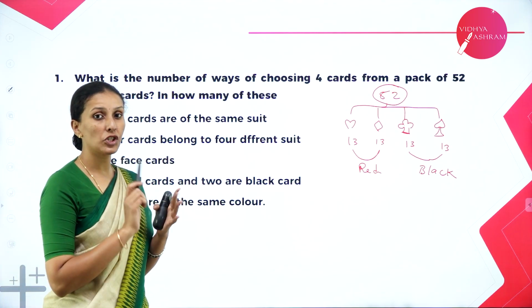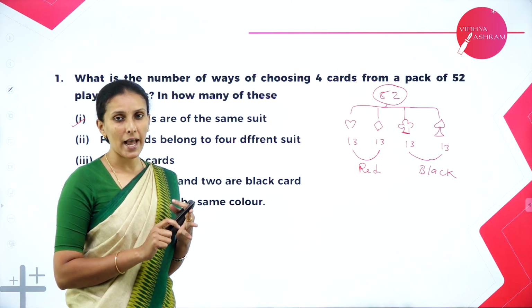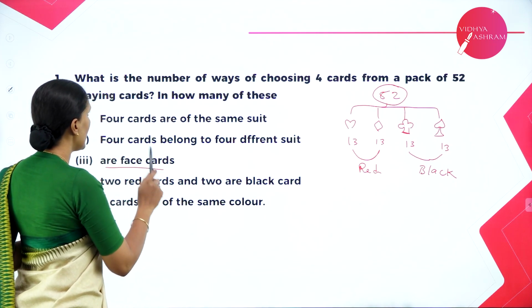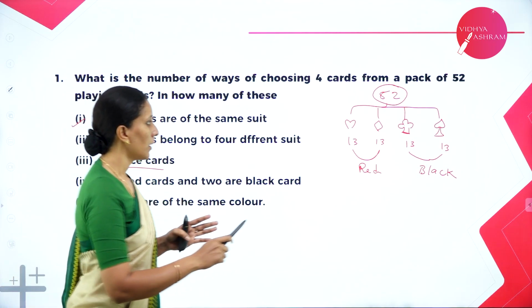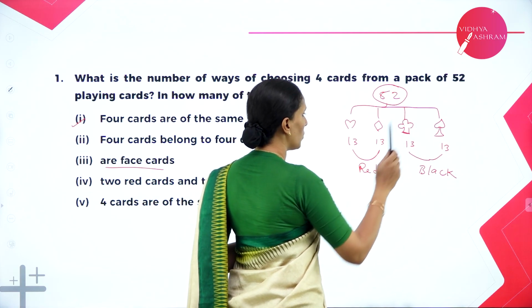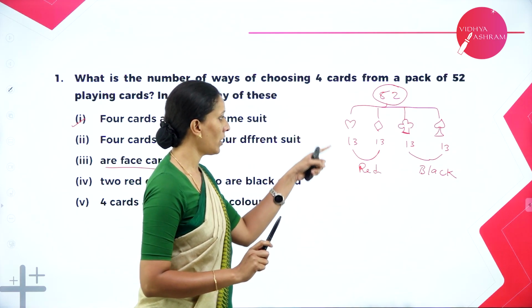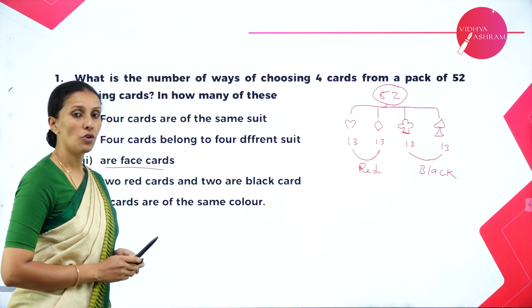The next case is we need to find out the face cards. That means the cards which contain faces. So we know that the king, queen and jack are face cards. So among those face cards, I need to select any 4 cards. So there are only 12 cards because from each suit we have 1 king, 1 queen and 1 jack. So therefore there will be 12 face cards. Out of that we need to choose 4 cards.